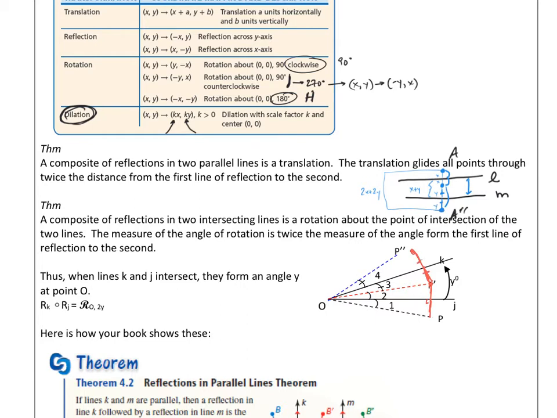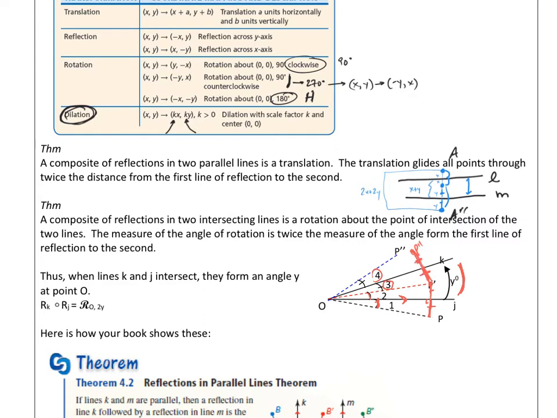Take that distance, make it there. That's P double prime. So what ends up happening, I measure this angle, and since these two distances are the same, these two angles right here, 1 and 2, will be the same. If this whole thing is called y, y will be made up of angle 3 and angle 4, but those two are the same because these two distances are the same.